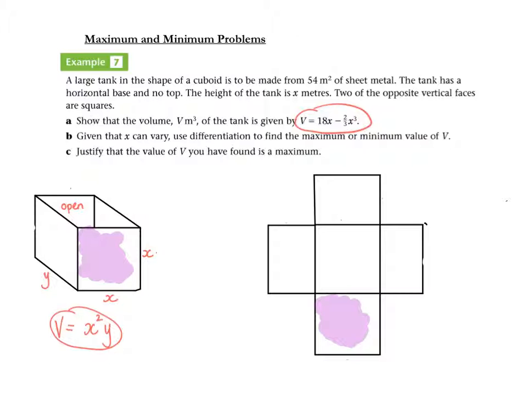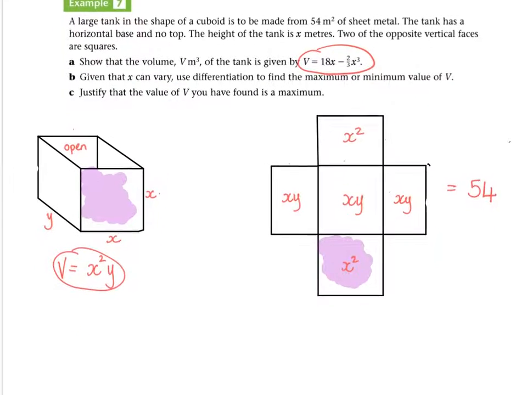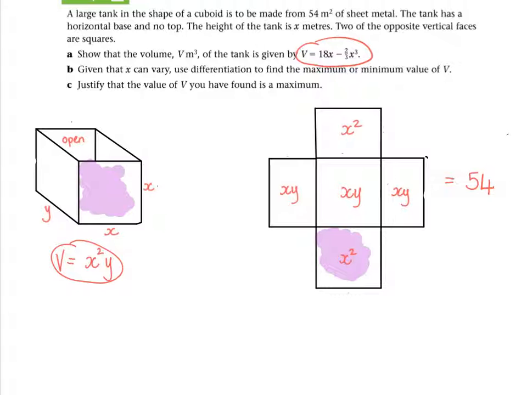So if we look at the surface area, that is x squared, that is x squared, and each of these, the bottom there is going to be x times y, x times y, and x times y. So this whole surface area is equal to 54. So I can actually form an equation, hopefully get what y is, and then substitute it into the volume.